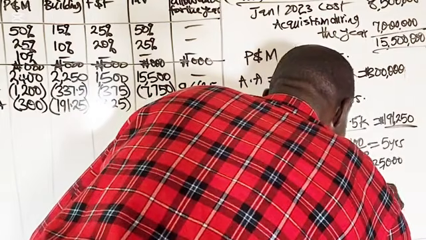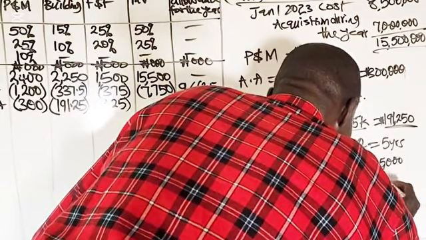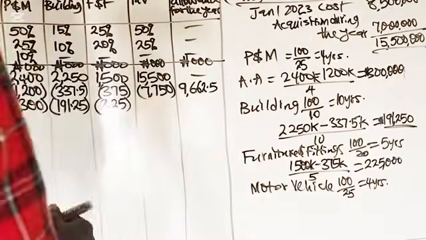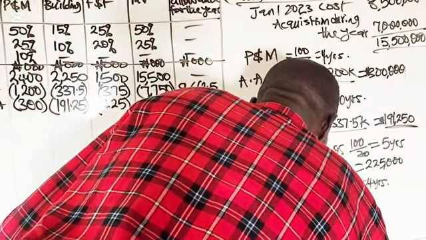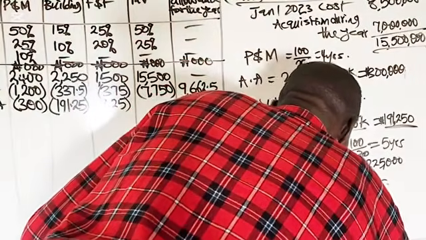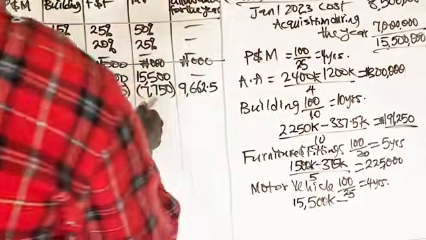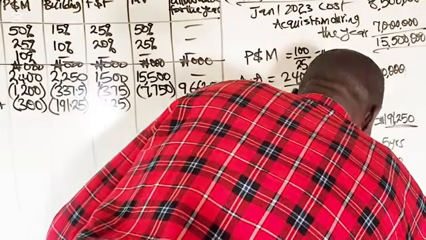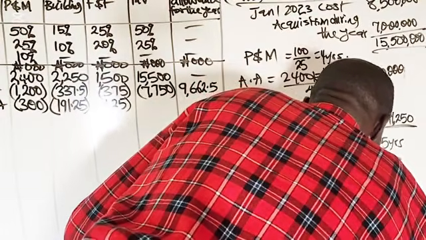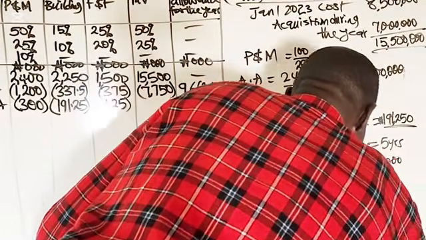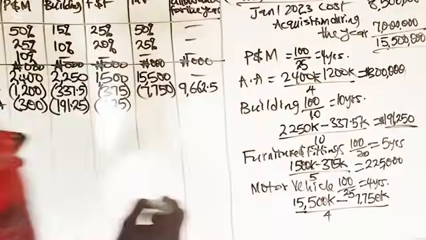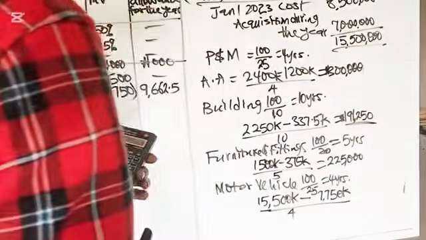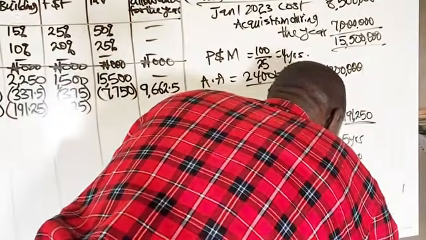Motor vehicle will last for 4 years. So annual allowance will be cost 15.5 million minus initial allowance of 7,750,000, divided by 4 years. This will give us 1,937,500.